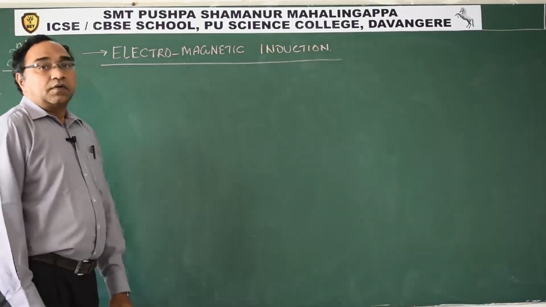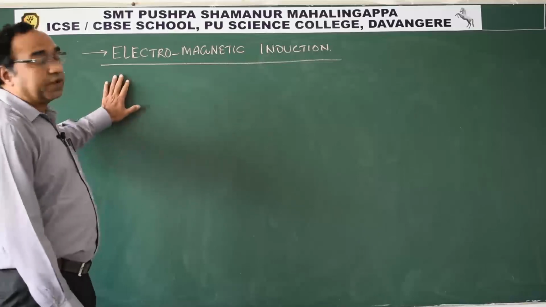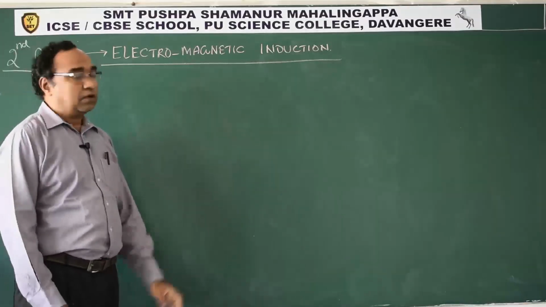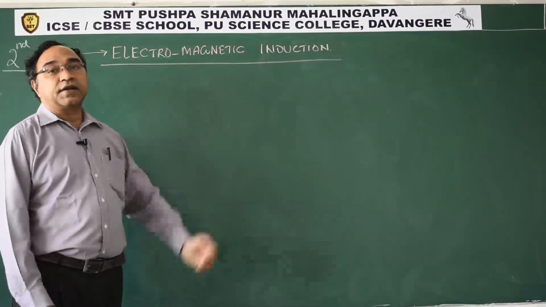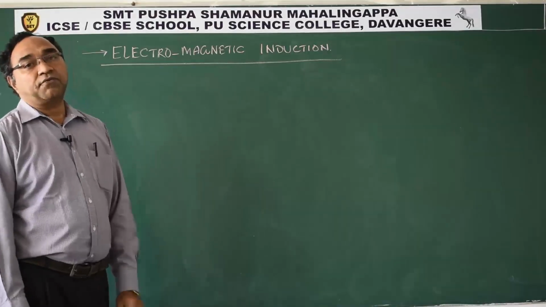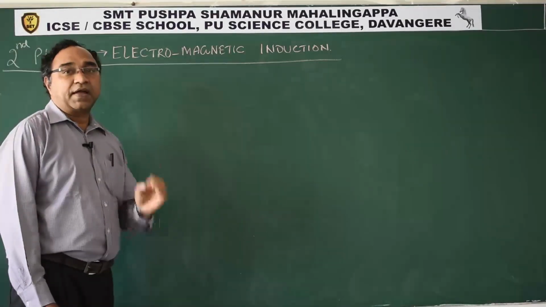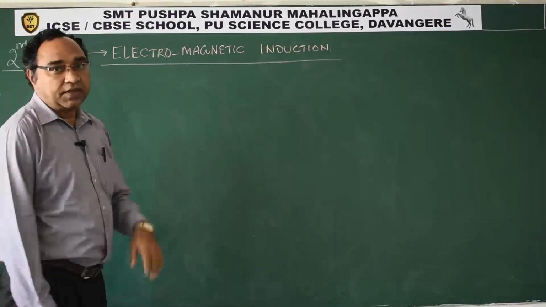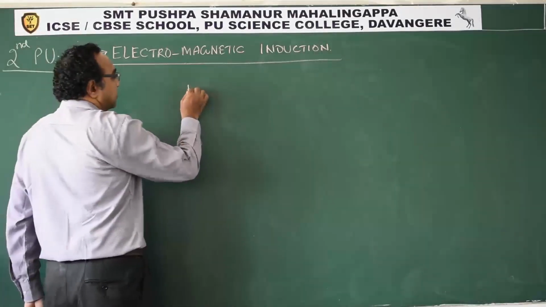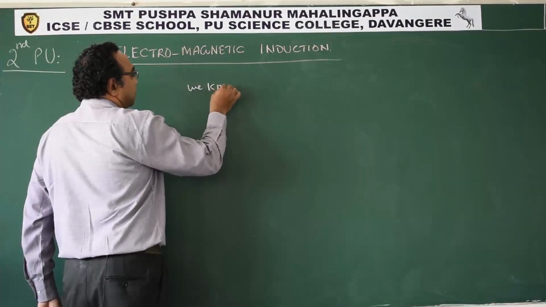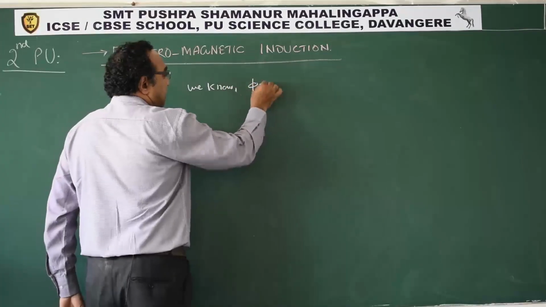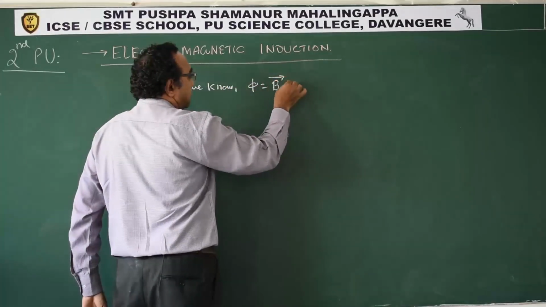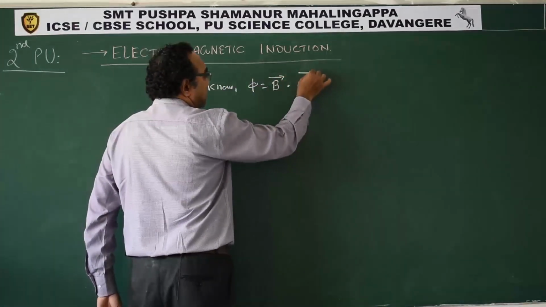Now, coming to our topic discussion on electromagnetic induction, students, we have seen in the previous class that magnetic flux phi is given by B dot A. This is what we have seen.